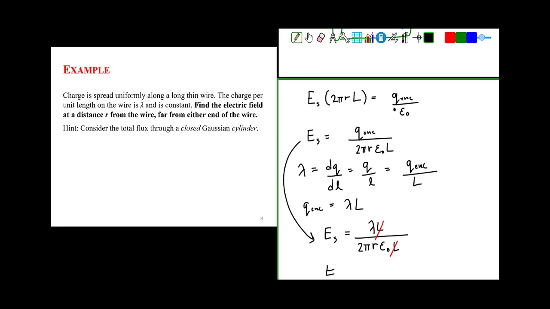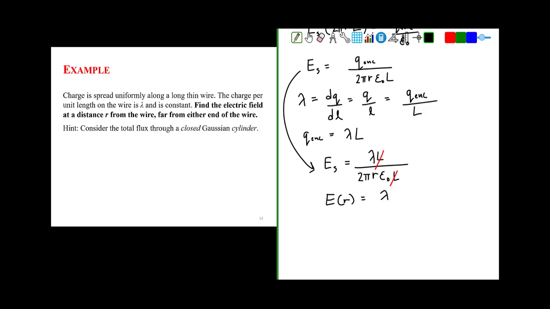That the electric field, as a function of r, is given as lambda over 2 pi epsilon naught, and I'll put the 1 over r here. And let's express this as a vector. So this is along a radial axis relative to the central axis of the cylinder.